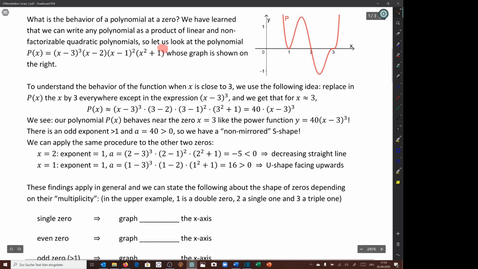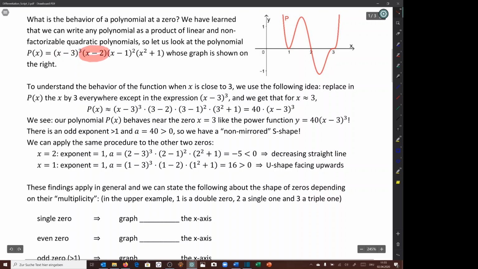When we look at the different terms of this product, we see that it makes a huge difference in this term here whether x is just a tiny little bit larger than 3 or a little bit lower than 3. Just by changing it a little bit close to 3, here you have quite some impact.